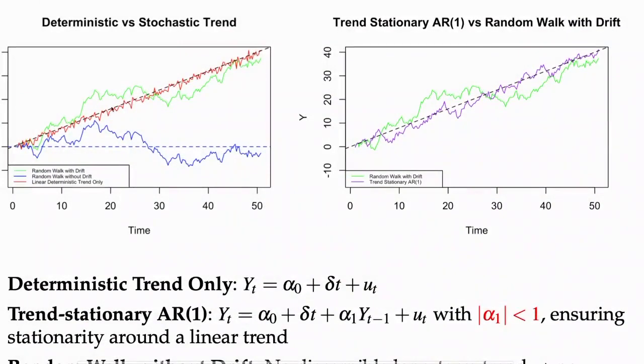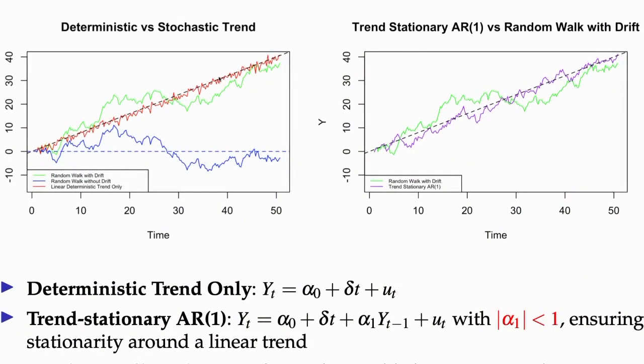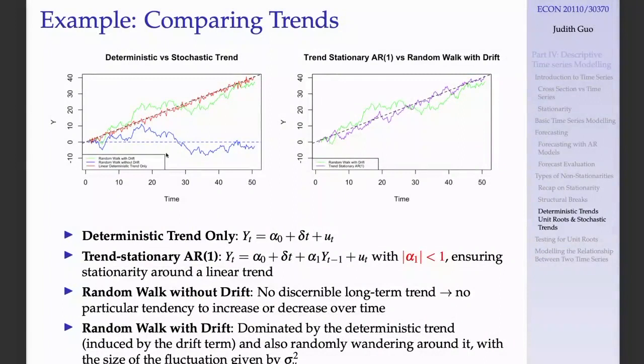Whereas the deterministic trend only model is stationary around the trend. It's not stationary itself because it has an upward component, growing over time. But we can see that the fluctuation around the upward trend is stationary. It's frequently reverting back to the trend value. So this is the deterministic and stochastic trend.